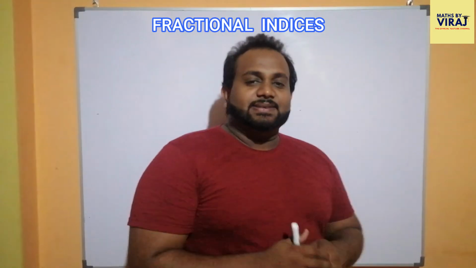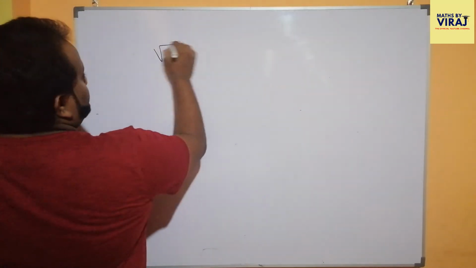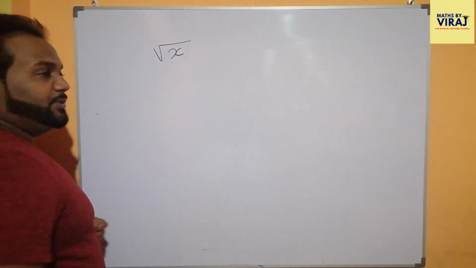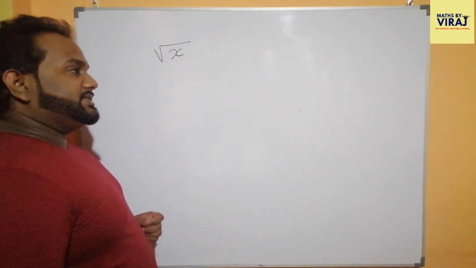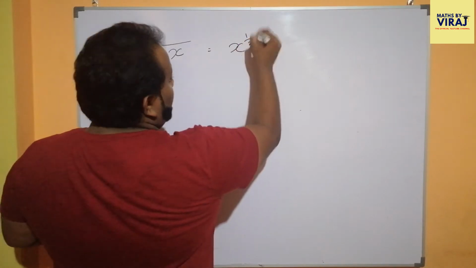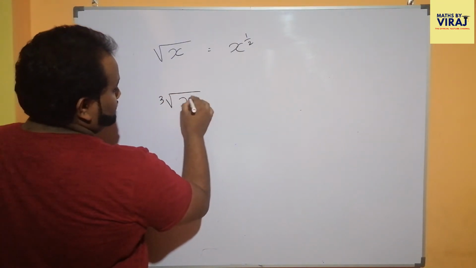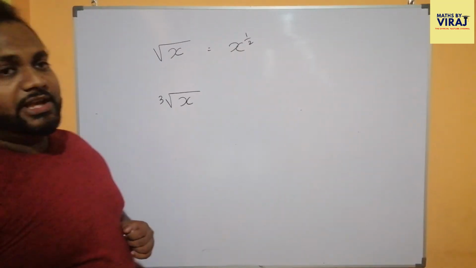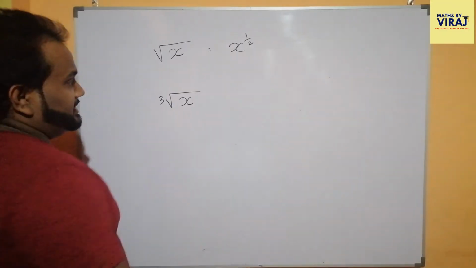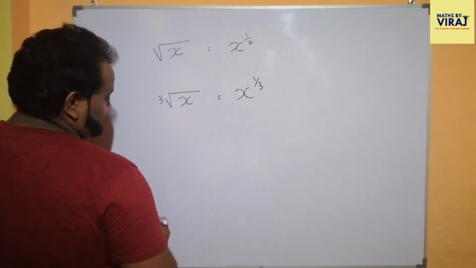Fractional indices. This is again a very easy part in indices. This is said to be square root of x, or else x to the power half. Similarly, this is said to be cube root of x, or x to the power 1/3.